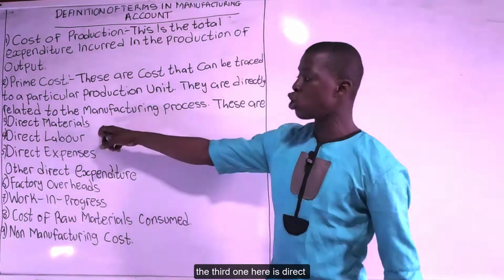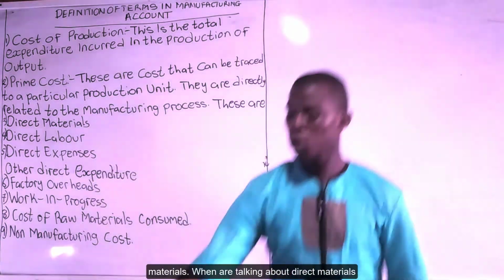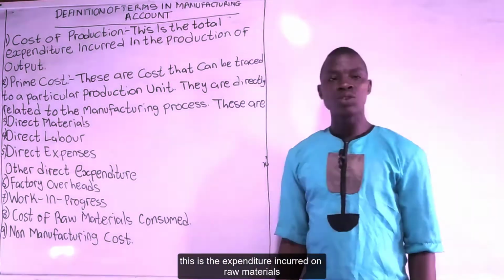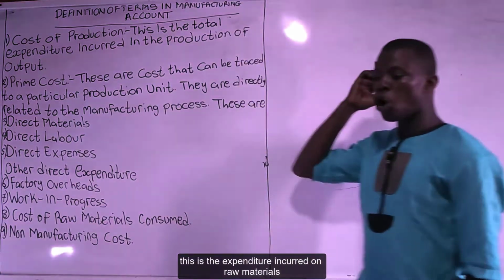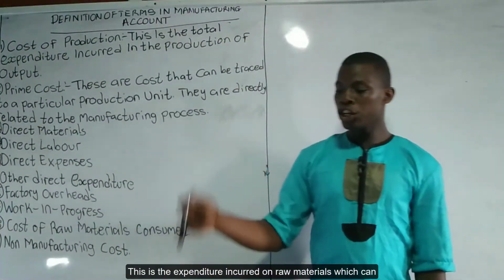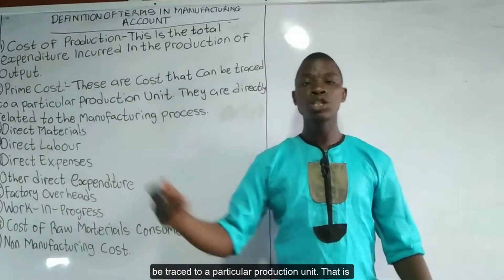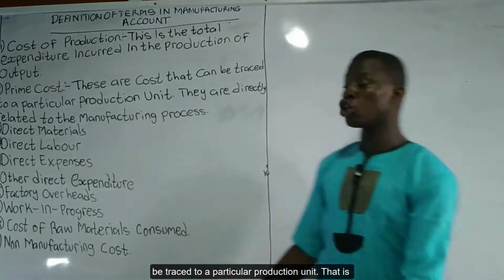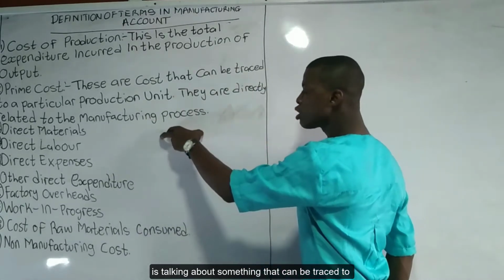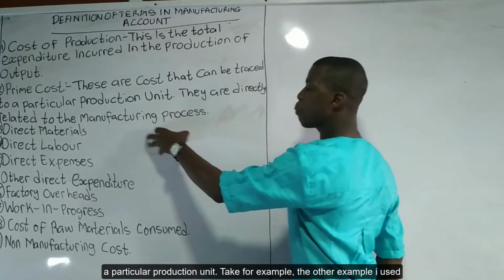Now, the third one here is direct materials. When we are talking about direct materials, this is the expenditure incurred on raw materials which can be traced to a particular production unit.